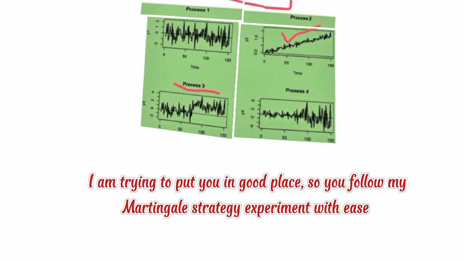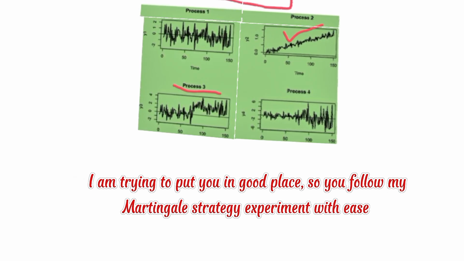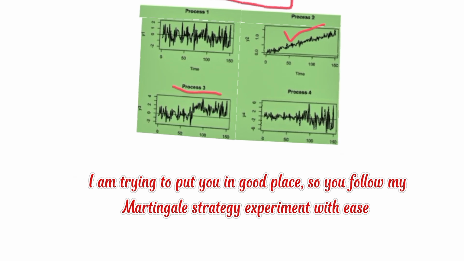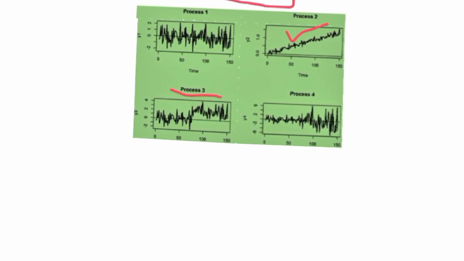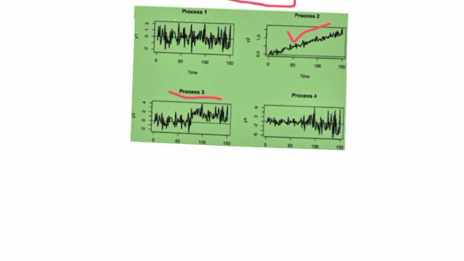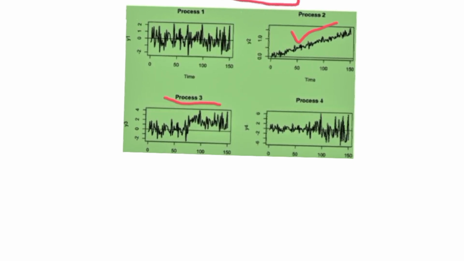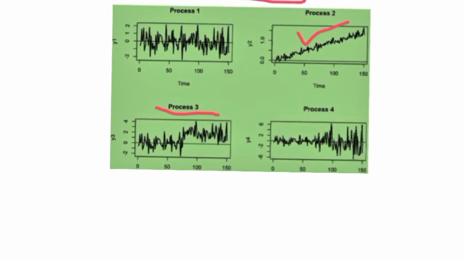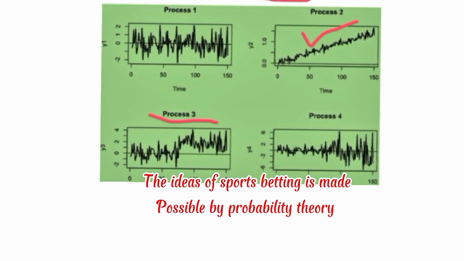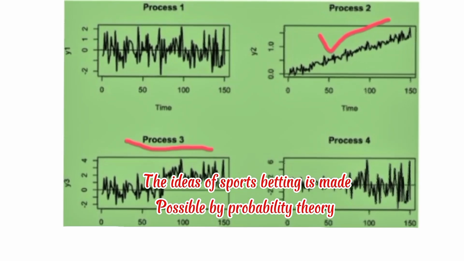You have to realize that what I'm doing here is just for basic understanding, so that you can follow my experiment with ease. Yes, it's the only reason. I'm not trying to teach probability theory here. As you can see, everything I'm speaking is purely from probability theory. If you know probability theory, you know what I'm talking about.